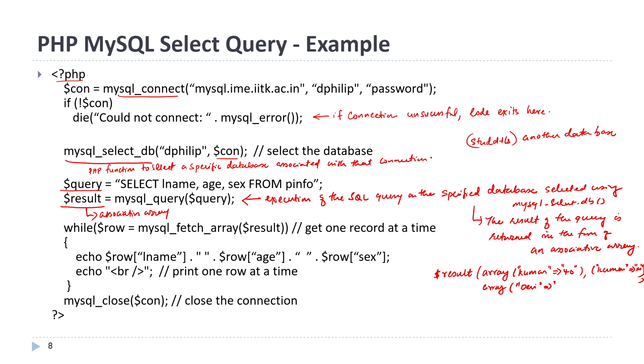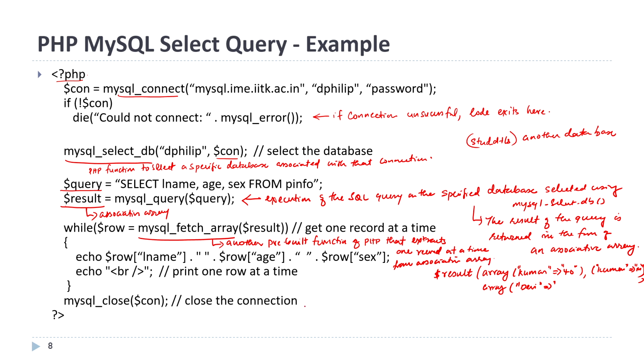All I just need to do, to get one row out of this associative array, is use another function called MySQL fetch array. This is another pre-built function of PHP that extracts one record at a time from the associative array.